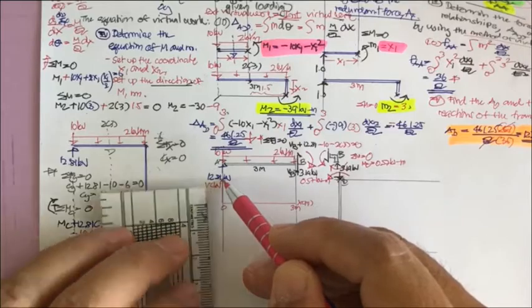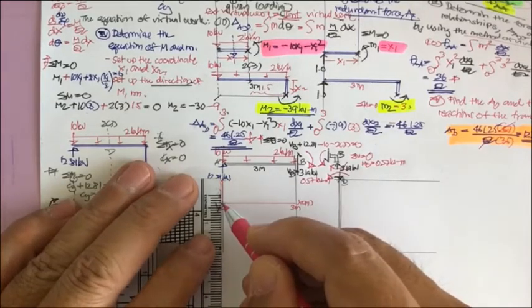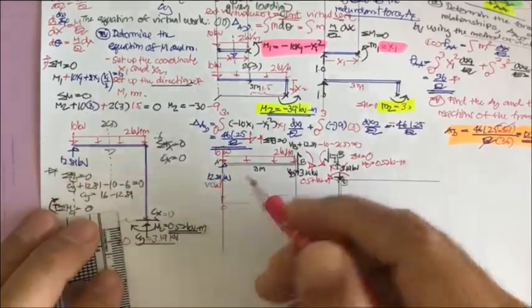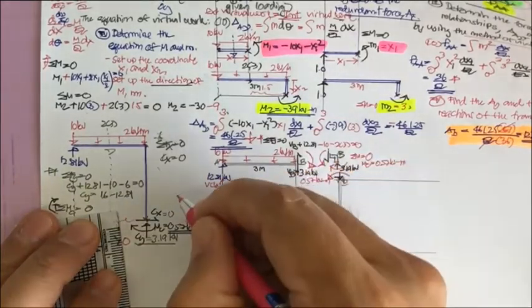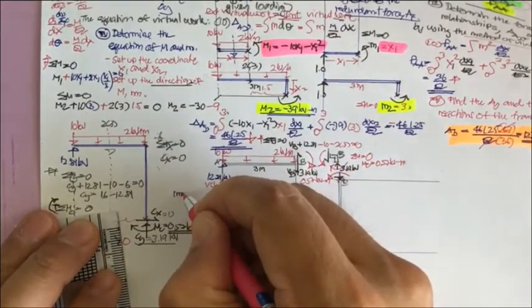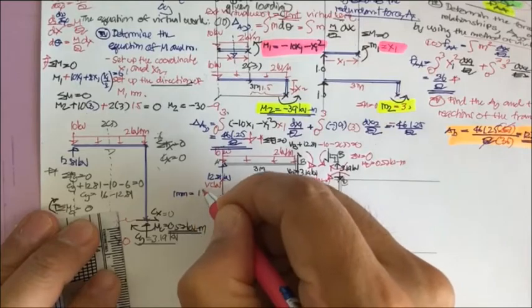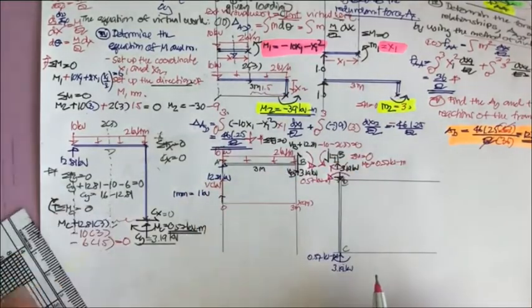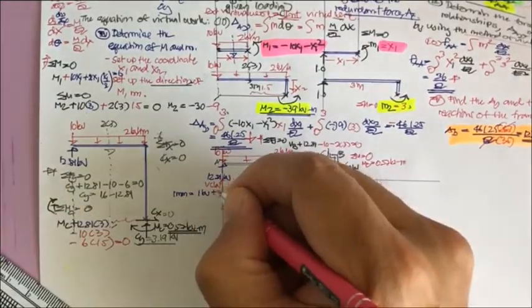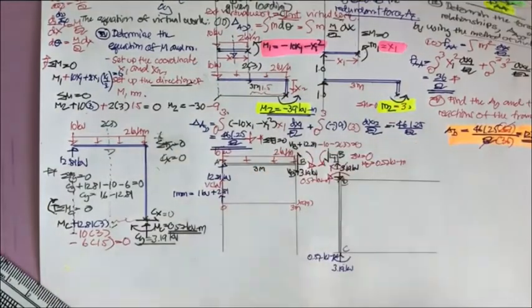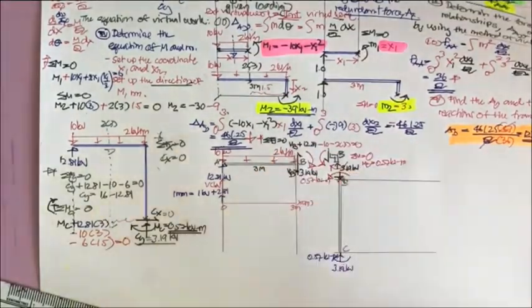So 12.81 is larger. Just push this one about 2.81 millimeter. So we set 1 millimeter equal to 1 kilonewton. And then you got this plus 2.81. And this one is 2.